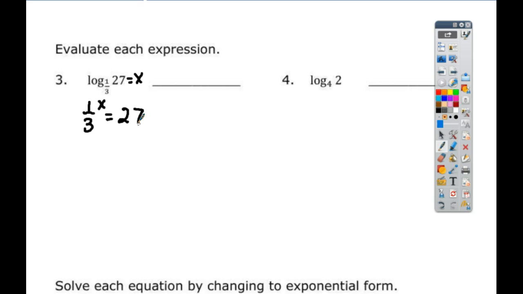So how do I make 1/3 with a base of 3? 3 to the negative 1, right? And then this one is 3 to the 3rd. So this is 3 to the negative x equals 3 to the 3rd, because we had to write this as 3 to the negative 1. So I have negative x equals 3. So what does x equal?